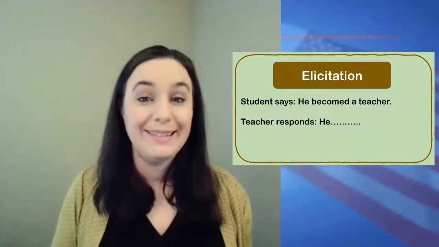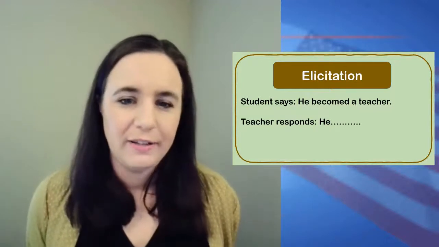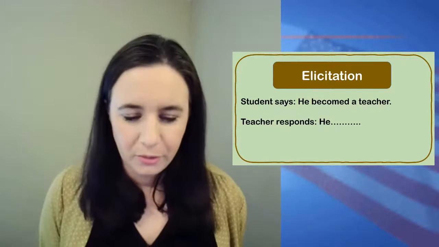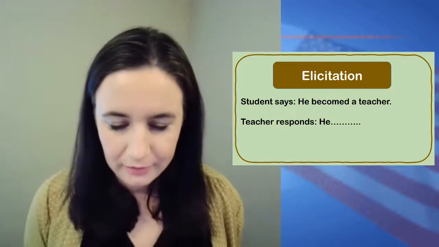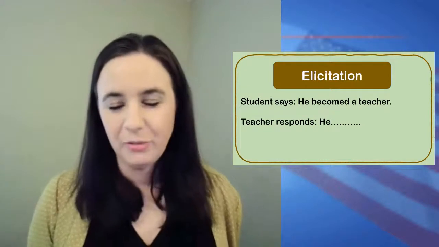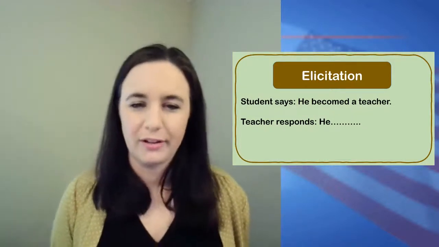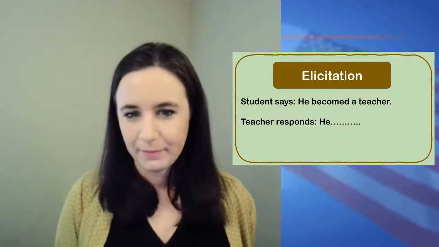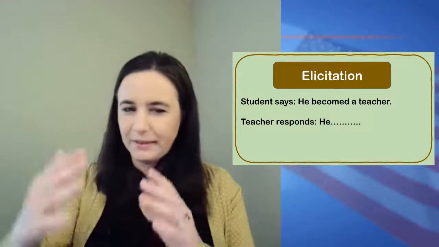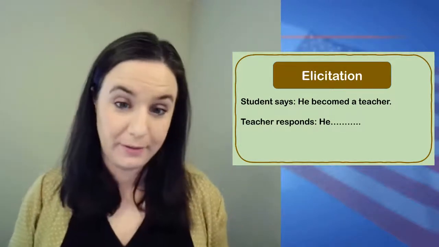All right, so elicitation. This is another one of the more explicit strategies, but what you do with elicitation is you use a pause really to just bring their attention to what they need to go back and correct. So you're not restating it for them, but you're kind of taking them back. You're hitting rewind so that they can go back and fix it themselves.